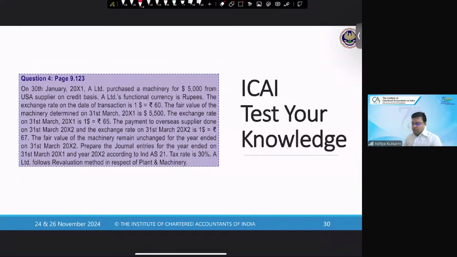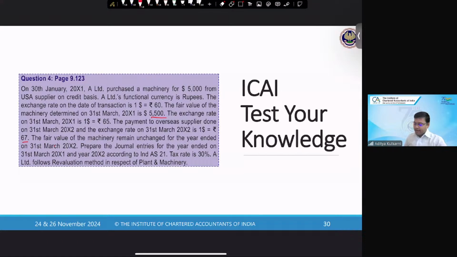Same on this one. On 30th January, purchased a machine on credit basis. Exchange rate is 60 per dollar. Fair value of machinery 5,500. So they are doing a fair valuation. Exchange rate is 65. Payment to overseas supplier done on 31st March X2 when the rate is 67. Fair value remains unchanged for the year on 31st March 20X2.